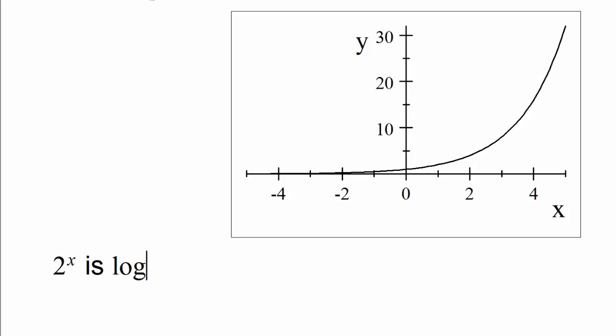So the logarithm function that will be the inverse of this function will have base 2. So logarithm with base 2, and then we will discuss the input of that function in a minute.